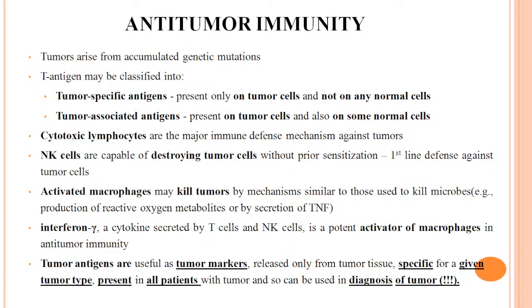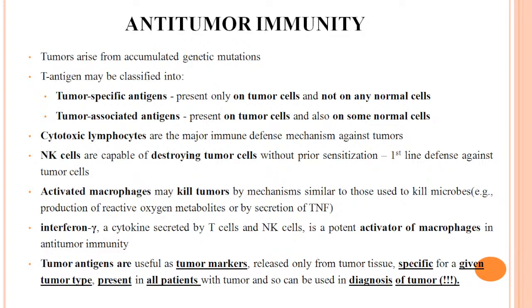Natural killer cells are another one. They are capable of destroying tumor cells without prior sensitization. It is a first-line defense against tumor cells. Natural killer cells are activated earlier, faster than cytotoxic lymphocytes, and their action is almost the same.